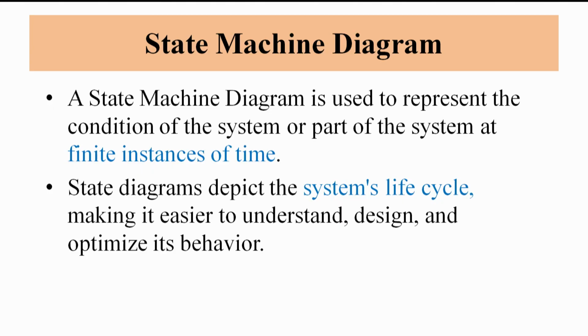Further, a state machine diagram is used to represent the condition of the system or part of the system at a finite instance of time. So we are talking about a specific moment. What is happening at that specific moment is some kind of event.